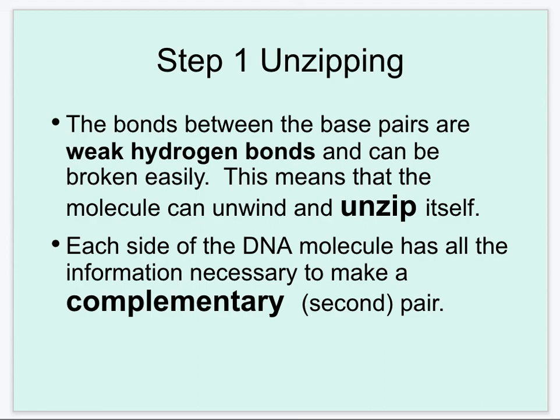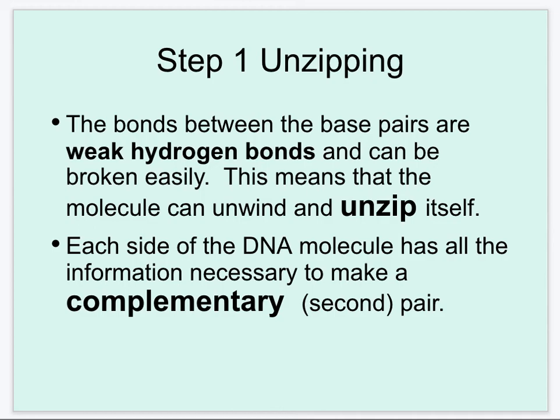So what happens is the bonds between the base pairs are those weak hydrogen bonds we were talking about, and they can be easily broken with this enzyme. So the molecule will unwind and unzip itself, so it ends up with two sides of DNA.